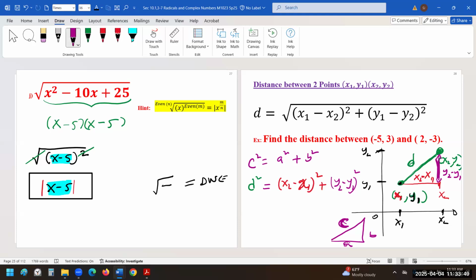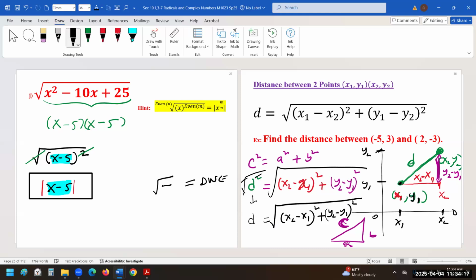So you're looking for D, not D square. So in order to get the D, we square root both sides. The square root and square power cancel out. We get the D alone, and this becomes the square root of X2 minus X1 square plus Y2 minus Y1 square.